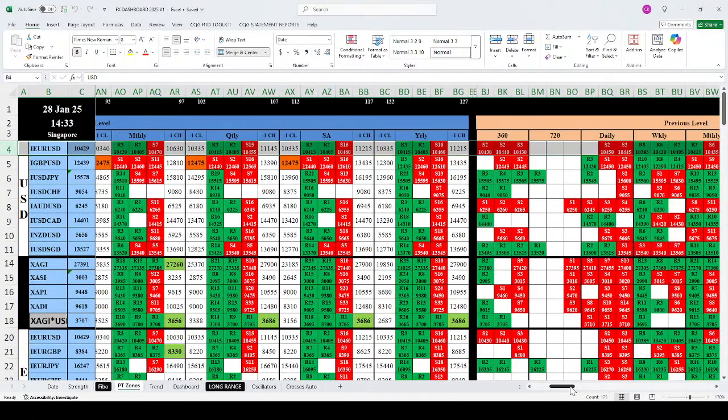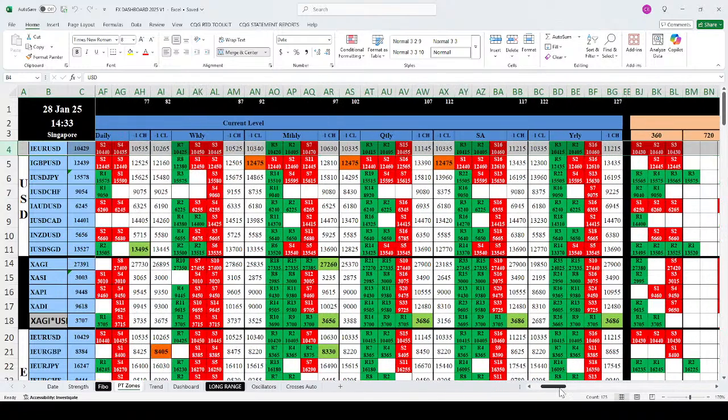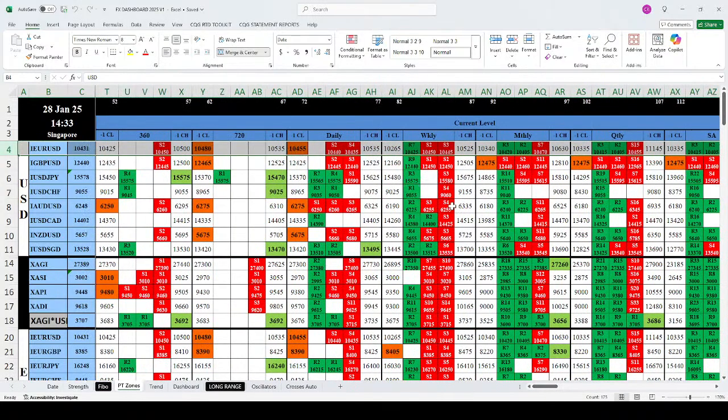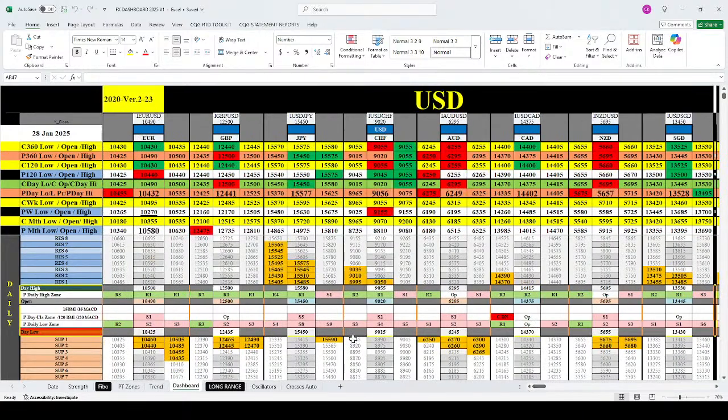And looking at the previous week, it is also well supported, which means the down move should be limited, and we should expect this market to turn up before 10340. That is the key level, and this is also giving us the same answer. Next we move on to our dashboard.